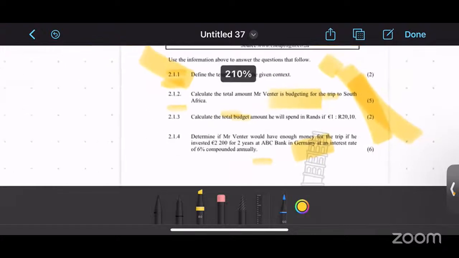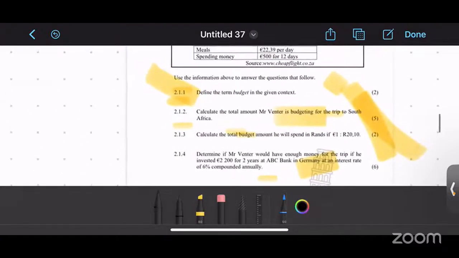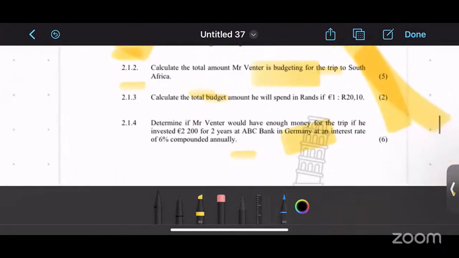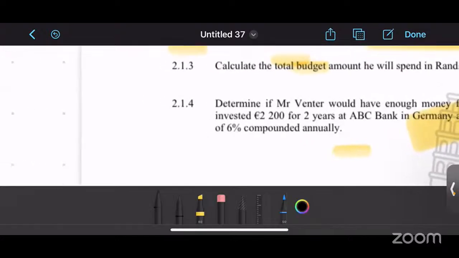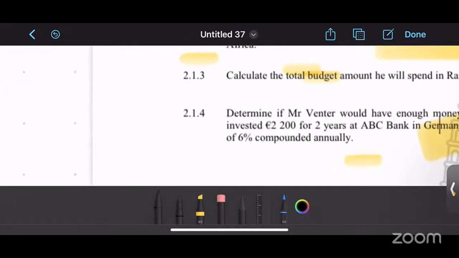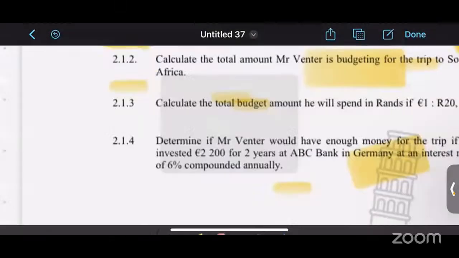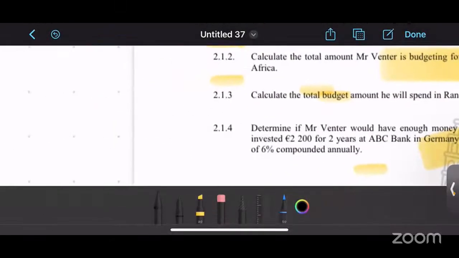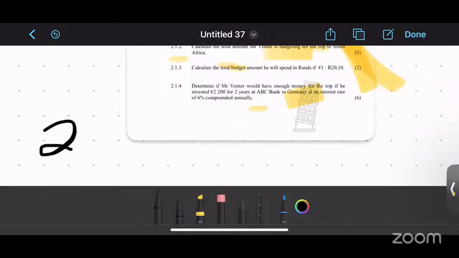Okay, let's see. They're saying this person wants to save 2,000. Why is it that I cannot find the two? 2,200 for 2 years.